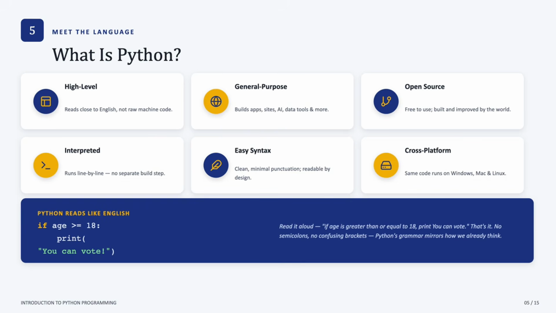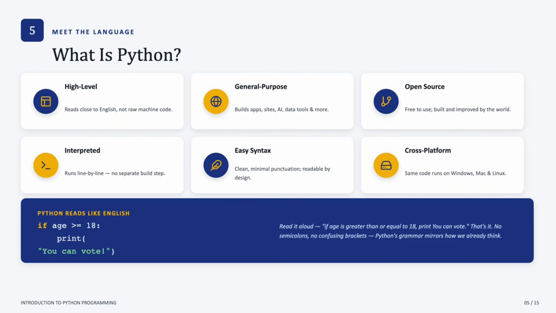Humans communicate using languages like English, Hindi, Punjabi, French, or Spanish. Computers communicate using only one language, machine language. Machine language consists only of 2 numbers, 0 and 1. That's it. Every image you see, every song you hear, every video you watch, every game you play, everything inside a computer is ultimately stored as combinations of 0s and 1s.